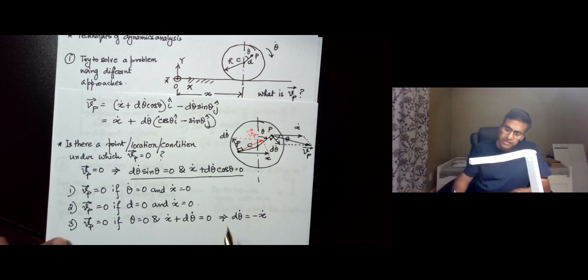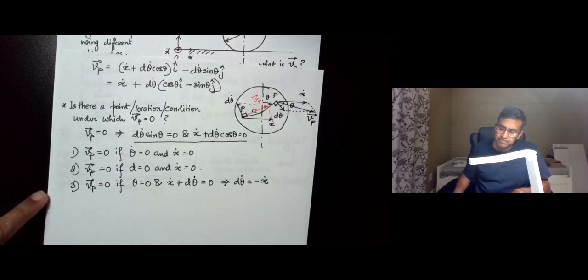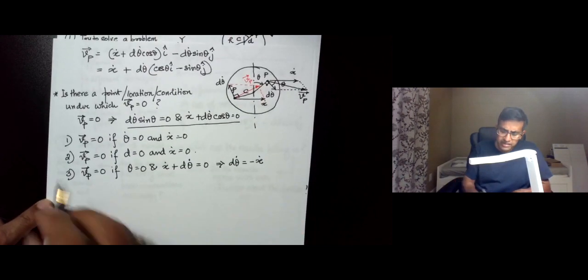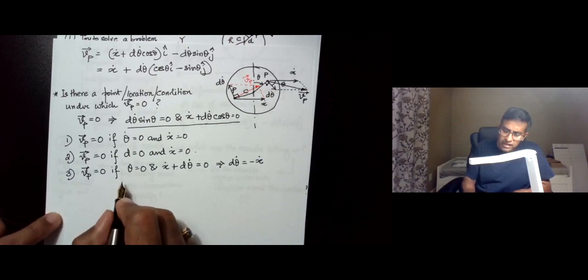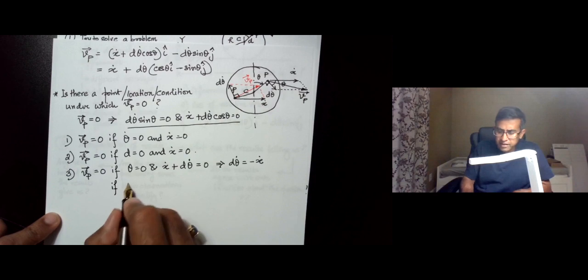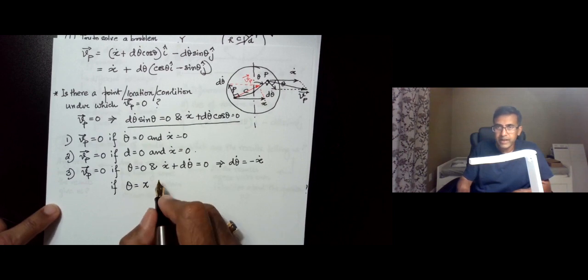Now this condition, while theoretically this can happen, and I'll take a look at this condition a bit more, but I think a more practically relevant condition is if theta is equal to pi, which is 180 degrees.